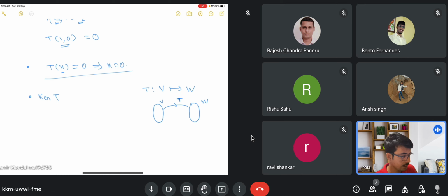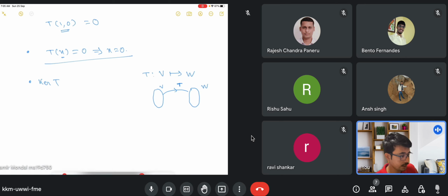We can define it like this: we take an element x belonging to V such that T of x equals 0. So the kernel of T is nothing but a collection of vectors from your domain set.